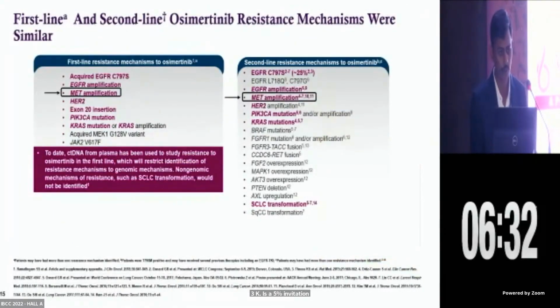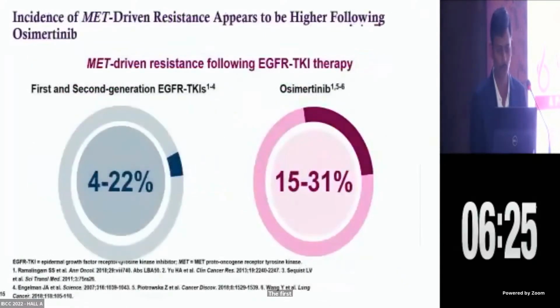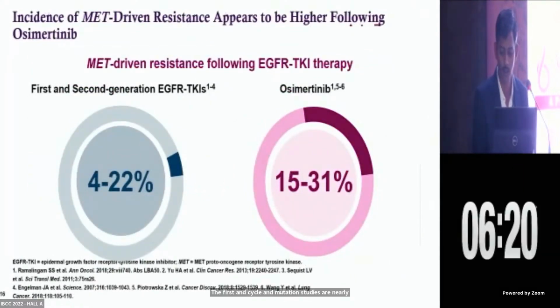When we compared the FLAURA study with AURA3, the first-line and second-line mutation studies are nearly the same. MET is the most common mutation independent of EGFR.